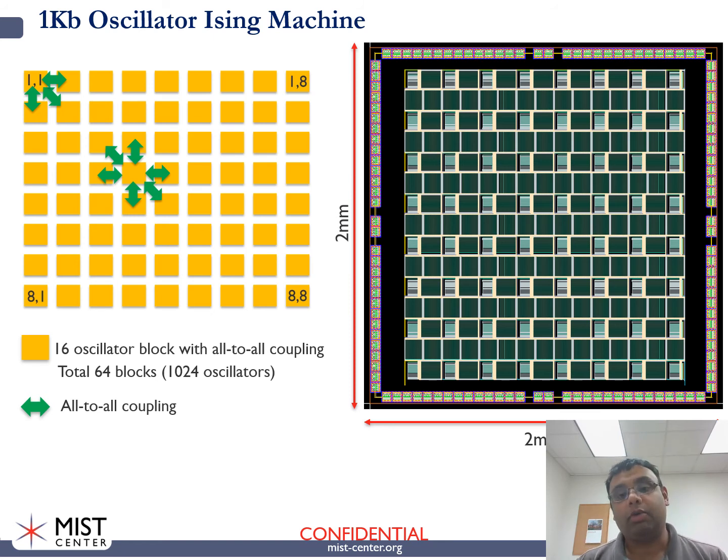Now, of course, that was a prototype demonstration. Going forward, we want to build on this demo and create an even larger system where we expect to see even larger benefits as compared to the smaller 30 oscillator system. So right now we have a 1 kilobit or 1024 oscillator based Ising machine that is being taped out.